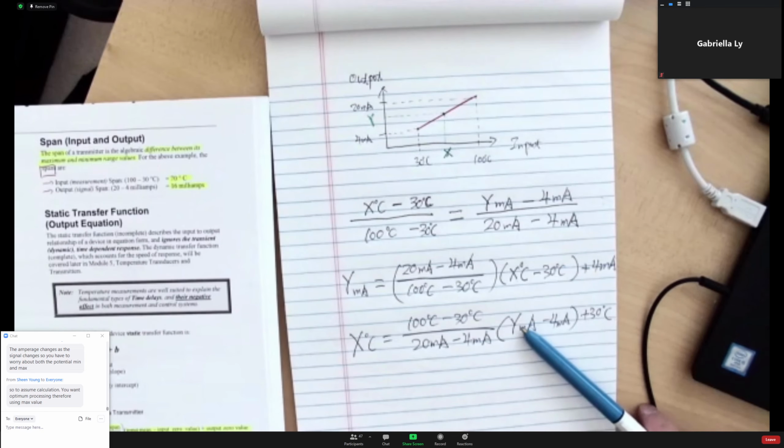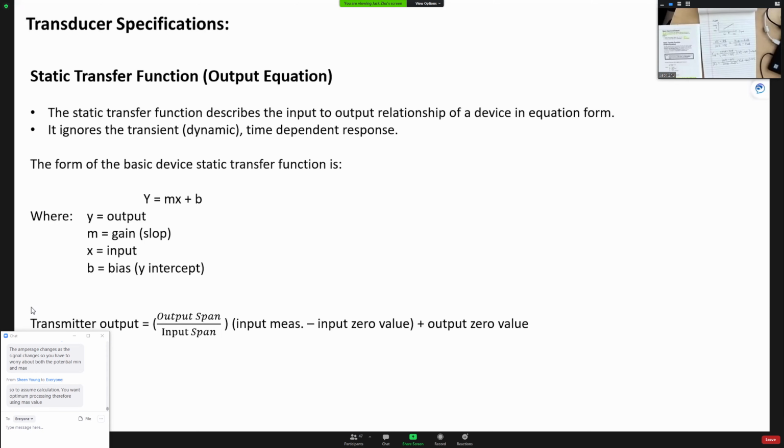I gave you this based on this question, but the book or this PowerPoint gives you a general formula. So all you have to do is use this bottom part.